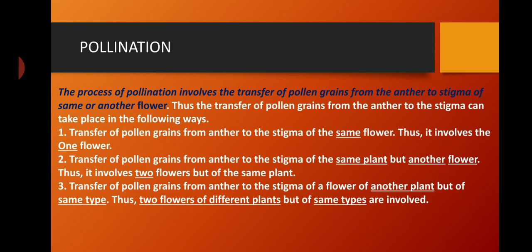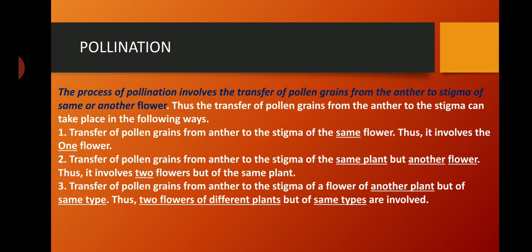So what happens in pollination? In pollination, the transferring is happening. Transferring of what is happening? Transferring of pollen grains. Those yellow powdery substances present on the anther are transferred from one flower to another flower, from the anther of one flower to the stigma of another flower or the same flower.